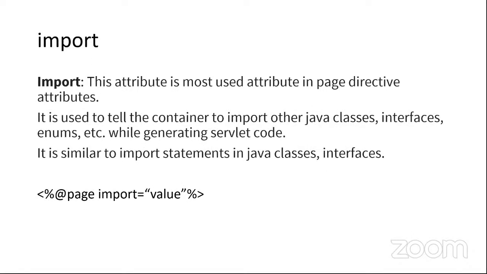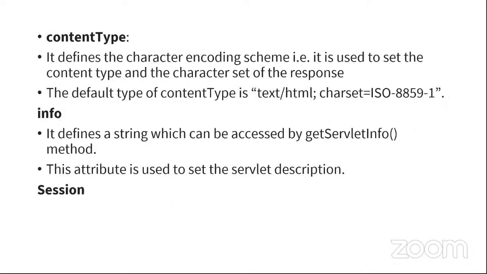So import is the most used attribute in the page directive. Basically it's used for providing information to the container to import other Java classes or interfaces or enums and so on. Content type is specifically for defining the character encoding scheme.